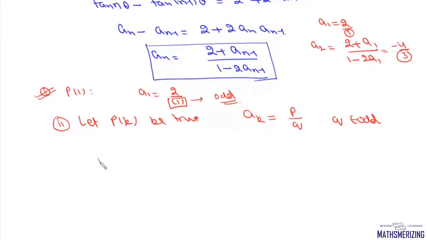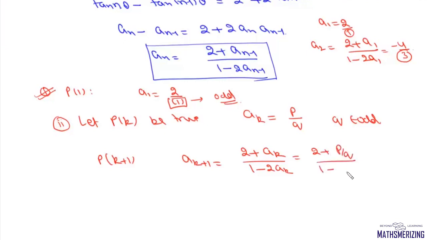So we'll write P(k plus 1). So P(k plus 1) will be simply A(k plus 1), and there will be 2 plus Ak upon 1 minus 2 Ak. So it will be 2 plus P upon Q over 1 minus 2 P upon Q. So we'll get this as 2Q plus P upon Q minus 2P.